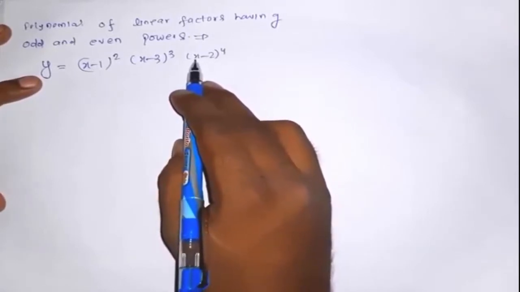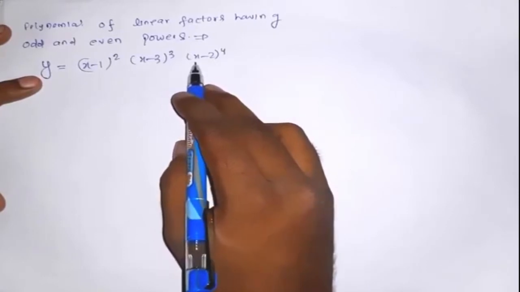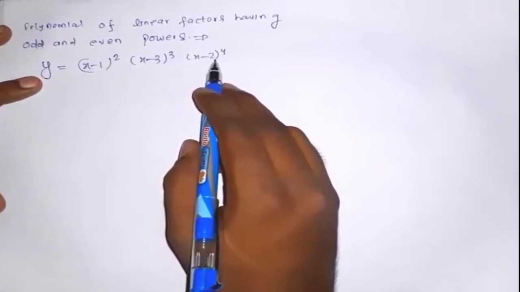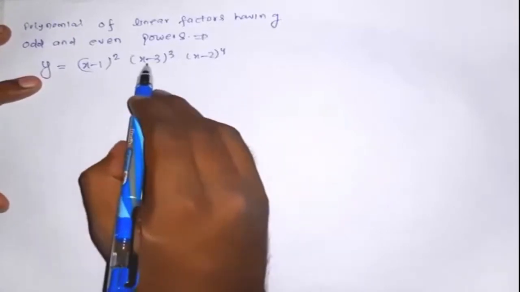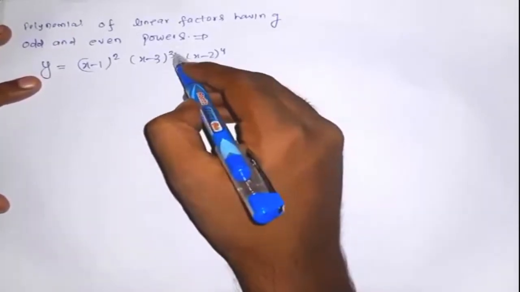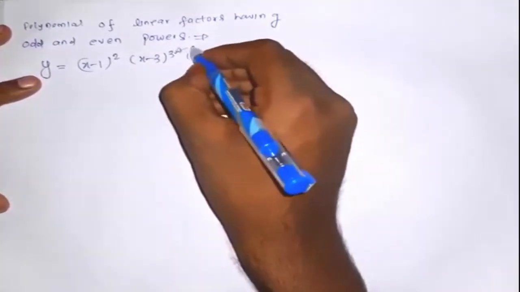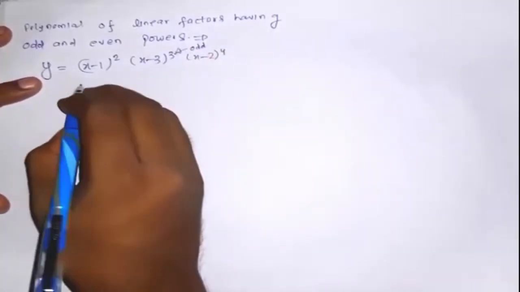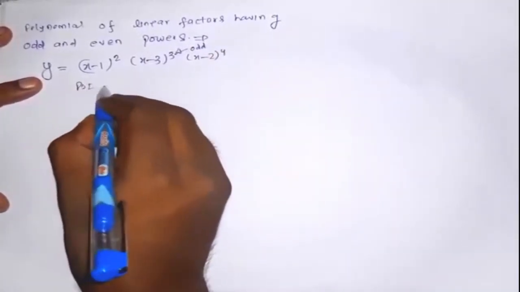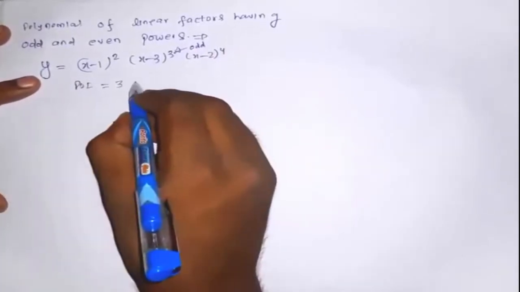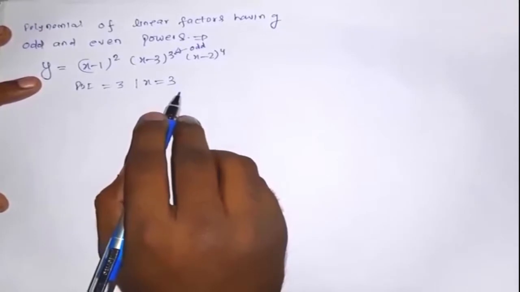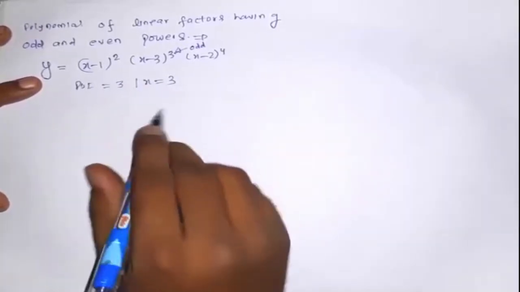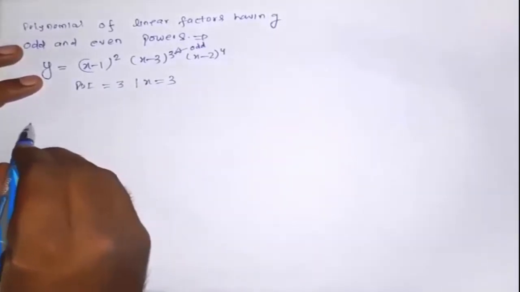If any value of x makes the inside factor negative, the even power will change its sign to positive. Similarly, this other even factor will also be positive for every value of x. So this is the odd factor.